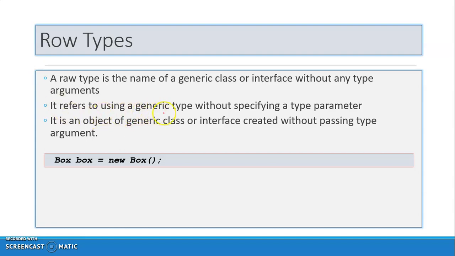So this one can also be referred to as using a generic type without specifying the type parameter. That's the point. You have a generic class, and what is expected of you is to create objects by specifying the type argument that should be sent to that type parameter.